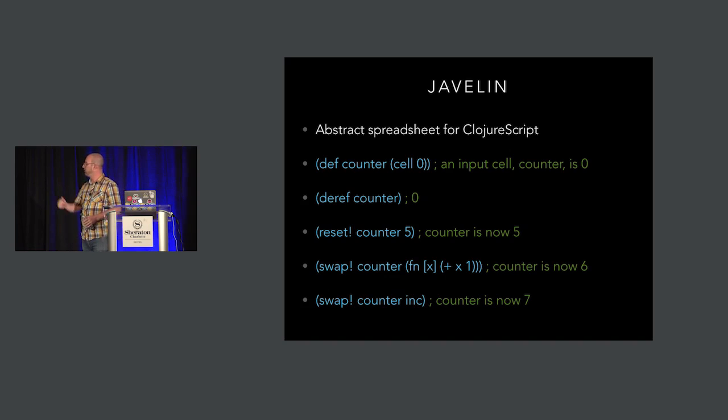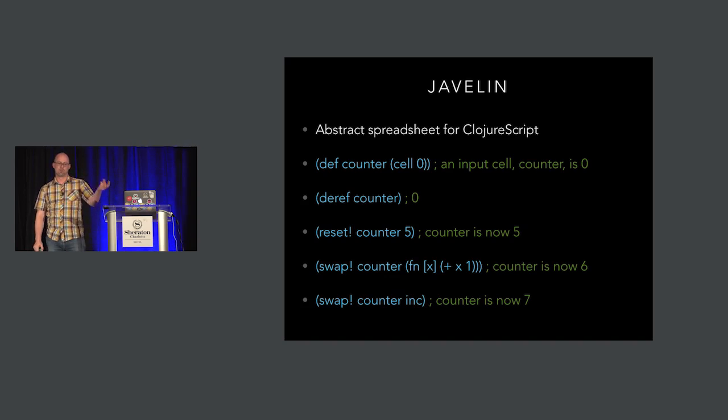But what you do even more often is you call swap. Swap, you give it an atom, or in our case a cell, and you give it a function that is going to change that. All of us, I think, have seen the classic example of how multi-threading gets crazy. When you have two threads and each of them are updating a global variable, adding one to it, and it does it 200 times, and at the end of the program, you run, and it says it only updated 150 times. Why?